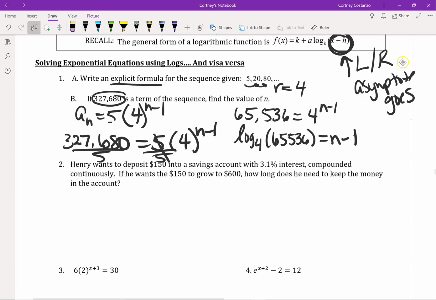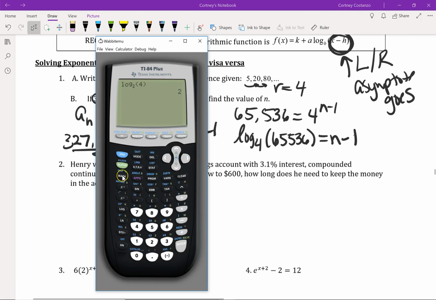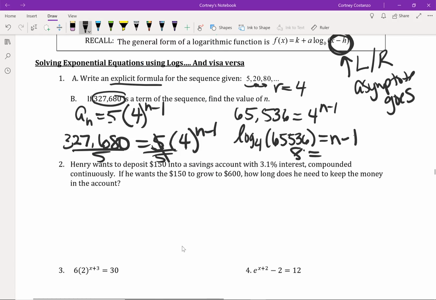And so when I type that in my calculator, log base 4 of 65536, it actually turns out to be a really nice number, 9, so therefore it must be the 9th term in the sequence.